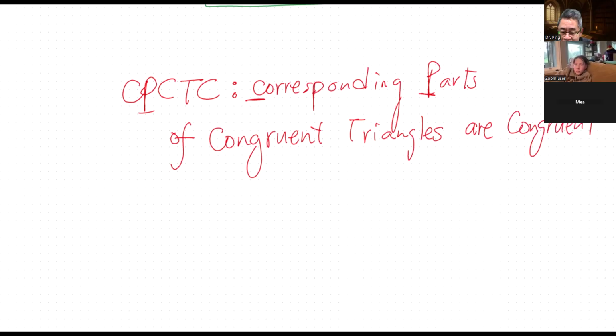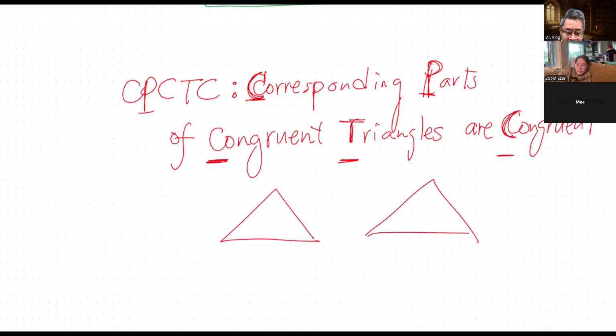Okay, so first C is from corresponding, P is parts, second C is congruent, and T is triangle, and then the last C is congruent.